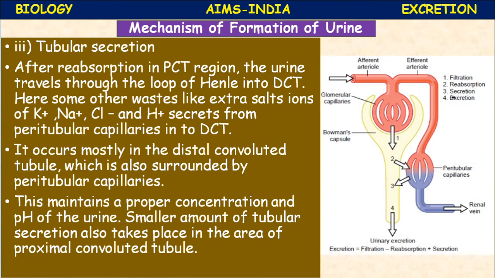The third step, tubular secretion, takes place in the distal convoluted tubule. Okay. From the loop of Henle, it enters into the distal convoluted tubule. And the fourth step, after the final formation, the concentrated urine is eliminated out, that is called micturition.